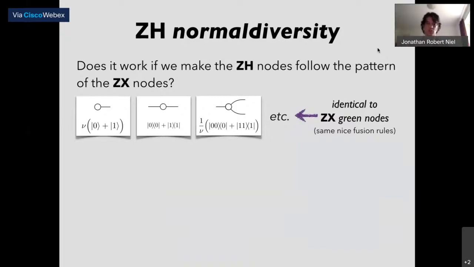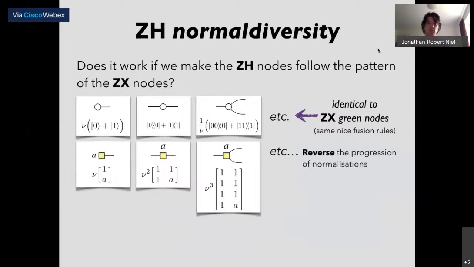Okay, so we choose this normalization. Again, we will end up getting the same fusion rules that motivated those normalizations for the ZX calculus. For the H boxes, we reverse the progressions of the normalizations. We start off with nu for the degree 1 H box, but then we increase the degree rather than decreasing the degree. Why would we do that?